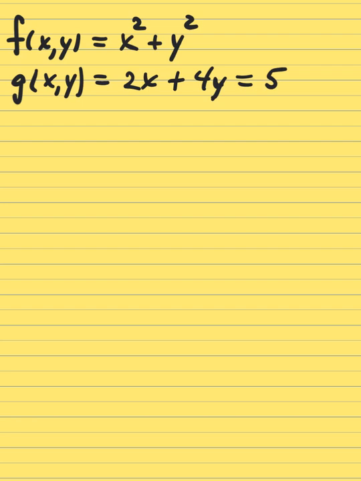Our constraint given is 2x plus 4y equals 5. I'm going to change this to a colon. There we go. Now using the same technique from the first example, we will start by taking partial derivatives with respect to x.